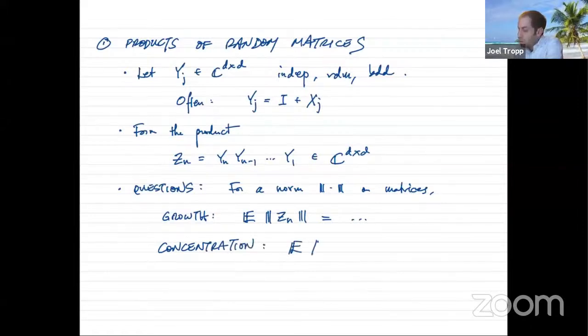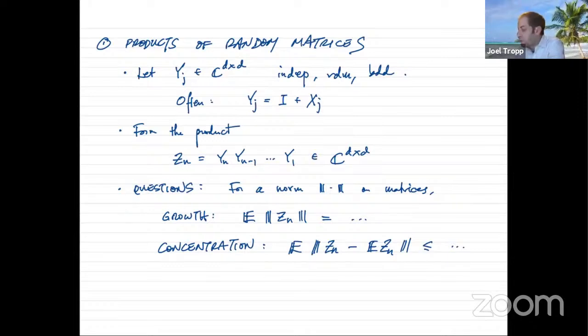So we might also be interested in understanding how close the random matrix Zn is to its expectation as a random matrix. Now remember, with a matrix that is random, you can just take expectations of the entries individually to compute the expectation of the matrix. This is nothing fancy here.